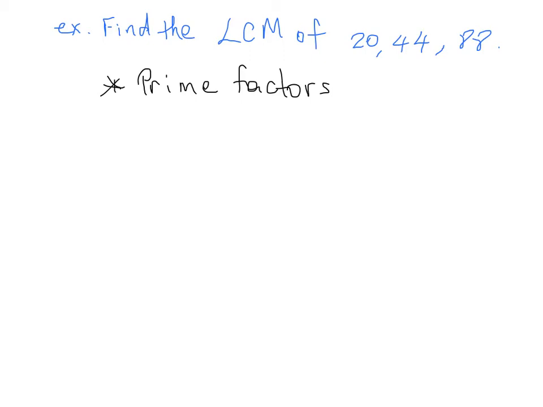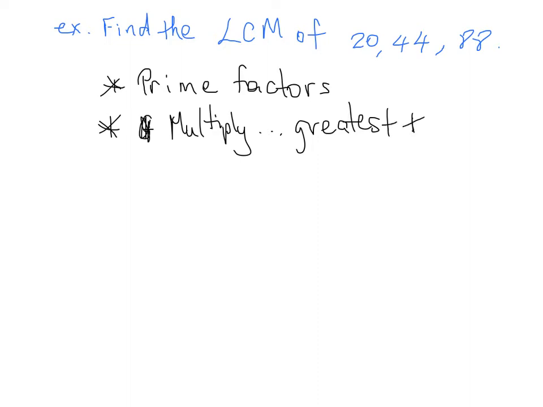And I'll make that clear. When you see it happen, you'll understand what I mean. So you're going to multiply them with the greatest number of times that they occur. So let's just put that here for now so we can refer back to it.